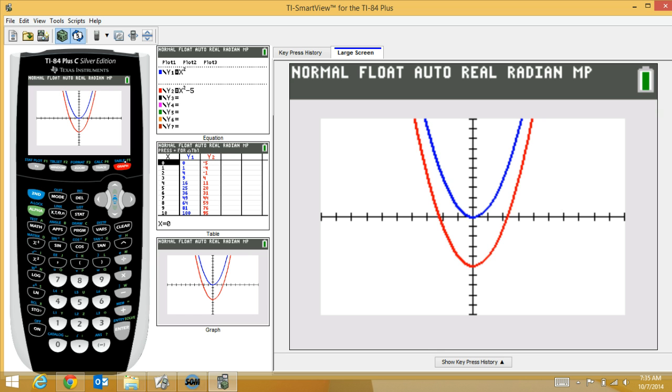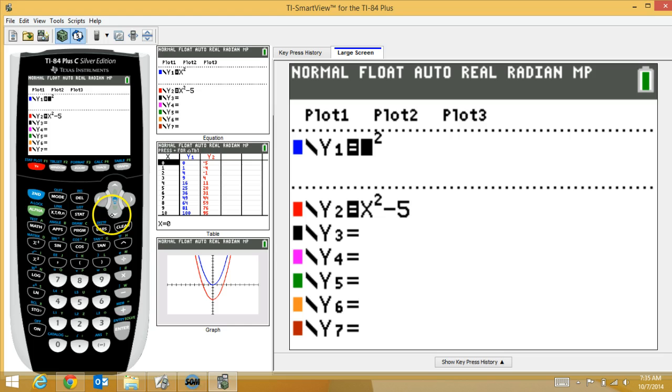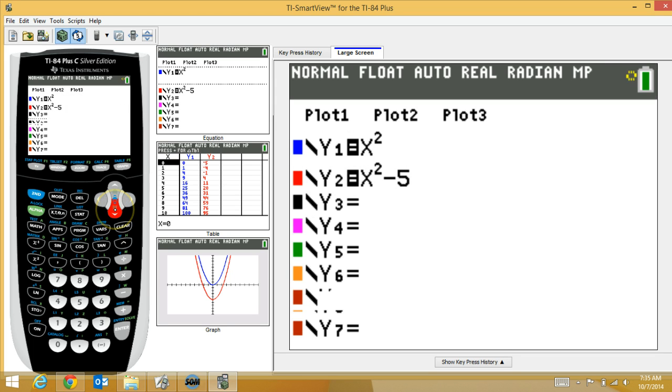Okay, and if we want to look at horizontal translations, and just to prove a point, in this case, we're going to put something inside parentheses with the x. For example, what if we have x minus 5 inside parentheses?